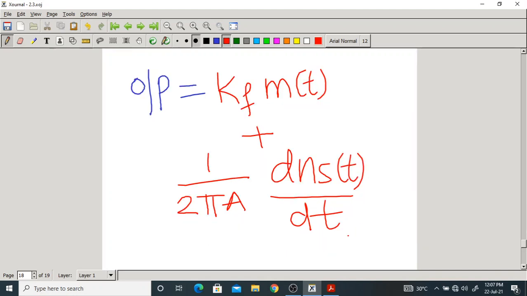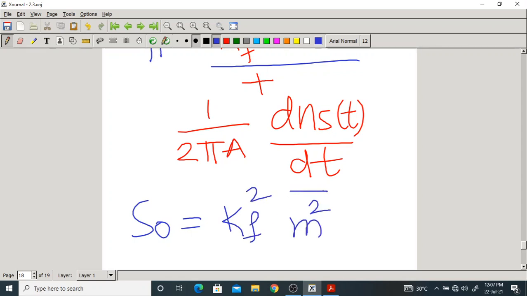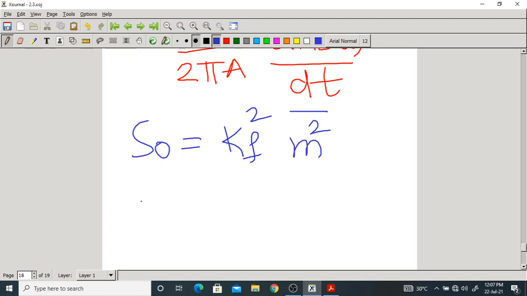Okay, so output signal power is simply the power of the signal, already we calculated, S naught equal to kf square m square bar. Input signal power SI is simply a square by 2.